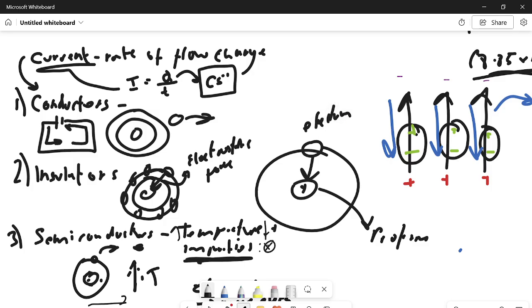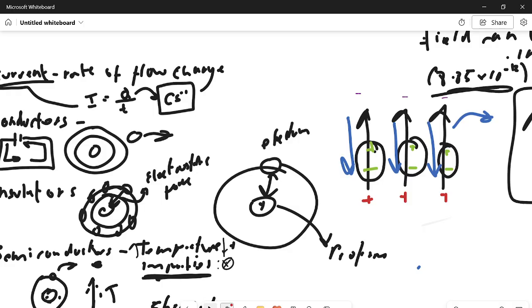So they actually attract each other. And you can calculate by how much if you use the formula we used up here.